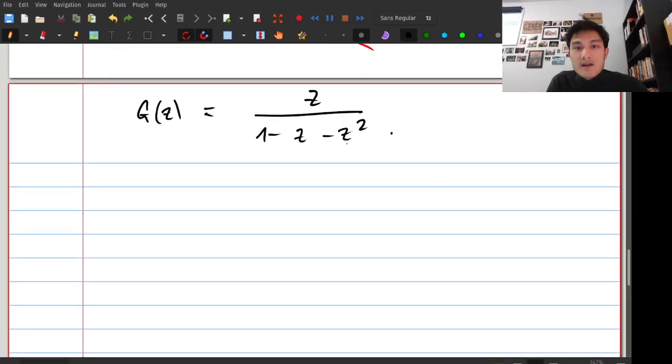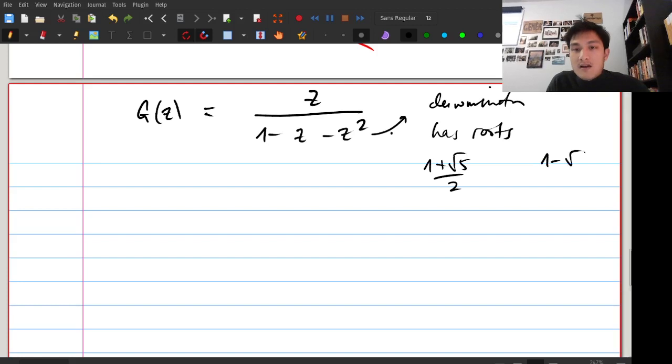Now, the denominator here has roots, by the quadratic formula, 1 plus square root of 5 over 2 and 1 minus square root of 5 over 2. And this is a pretty famous number. It's called the golden ratio phi. And the complementary root we'll call phi hat. Okay?